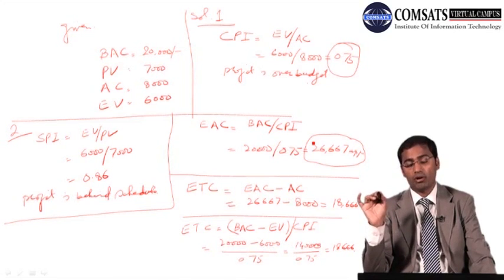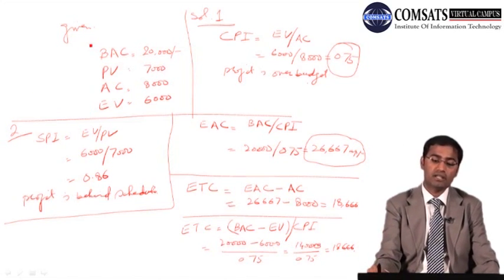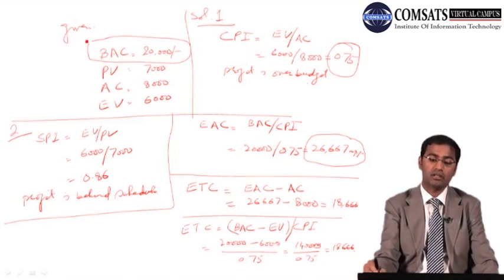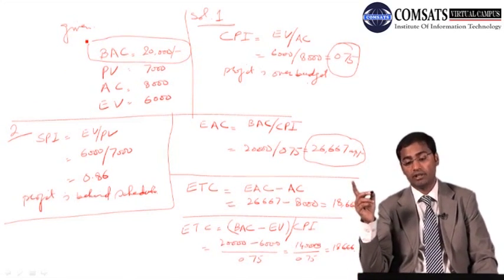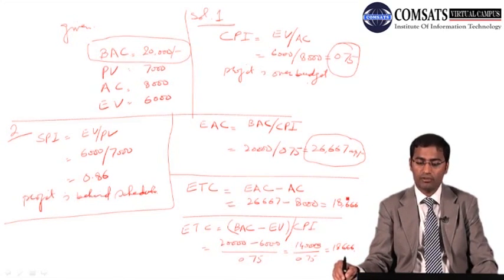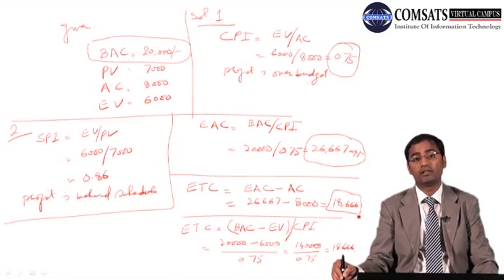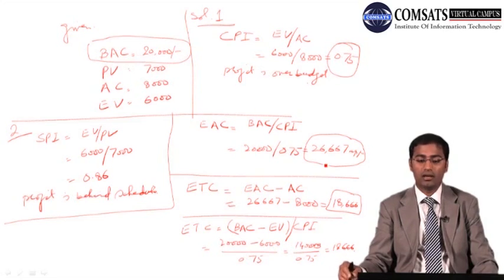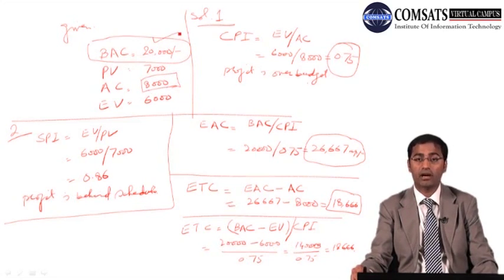Now that is important. We had a budget at completion of 20,000, but now we will be completing our project in 26,000. And for that we are in need of 18,666 rupees, rather than 14,000, because if we see, we had 20,000 and we have spent 8,000.